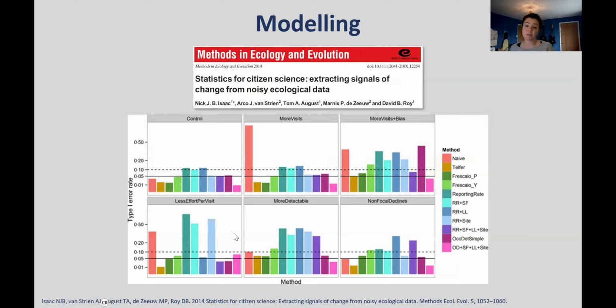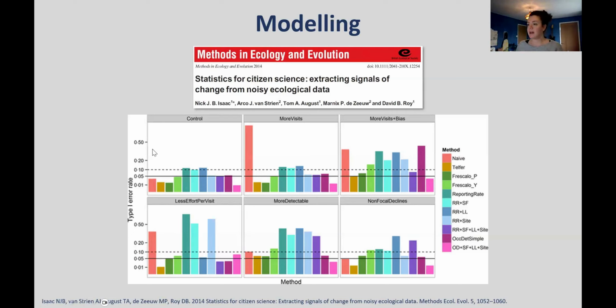So they designed some simulations and different scenarios of bias, which is what you see in these different panel plots. And then they applied all of these different methods to that dataset, and then compared the performance of different models using a type 1 error rate, where type 1 error is whether the model is able to detect a trend in the data when a trend exists in the data.